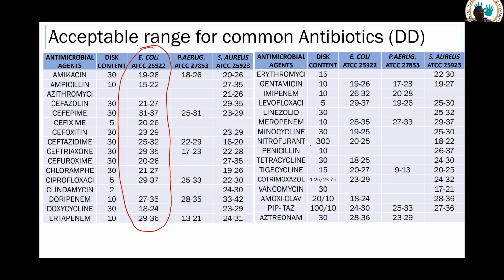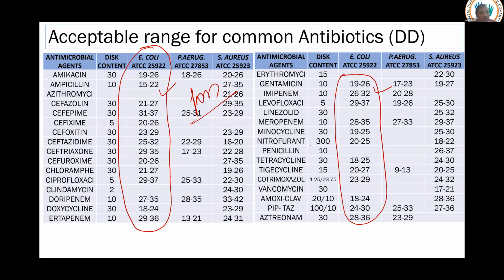Similarly, MIC acceptable range also is available. You have to only make sure that the zone of inhibition produced by the QC strain falls within this range or not. I repeat, if they're falling within this range, then you have to consider that QC is pass or acceptable.